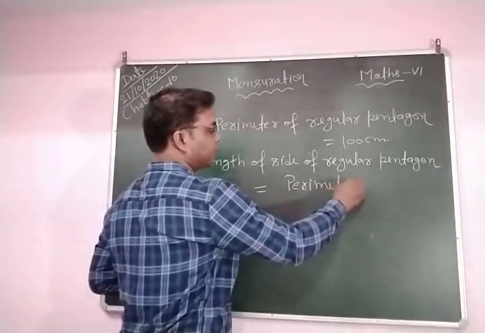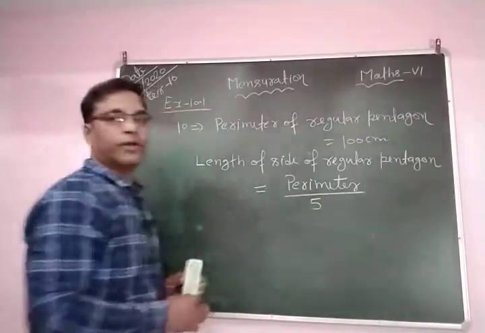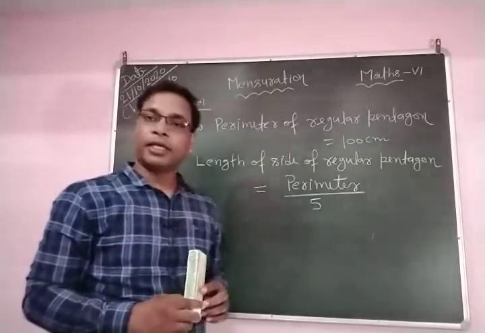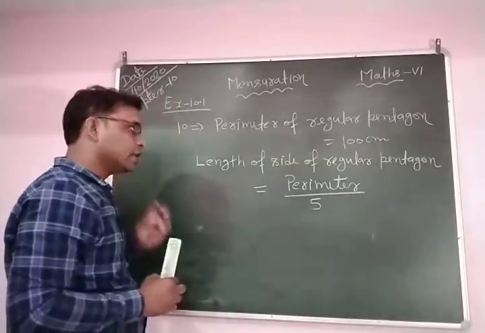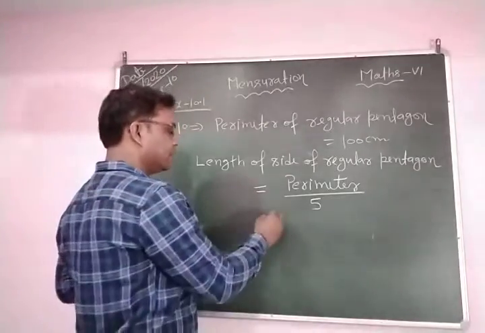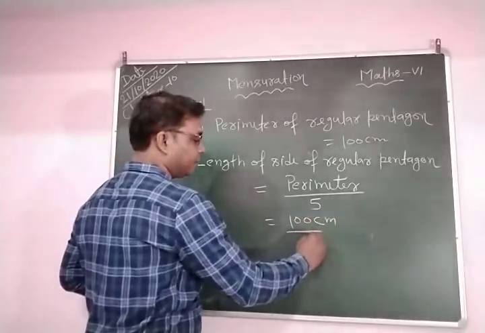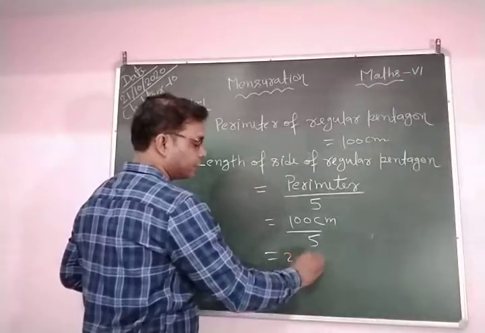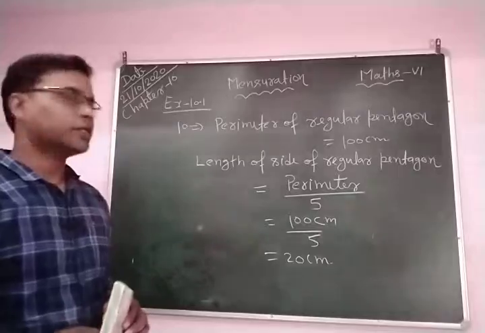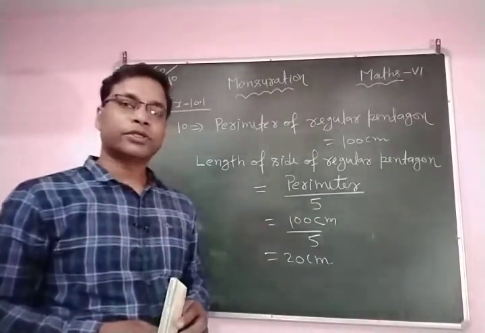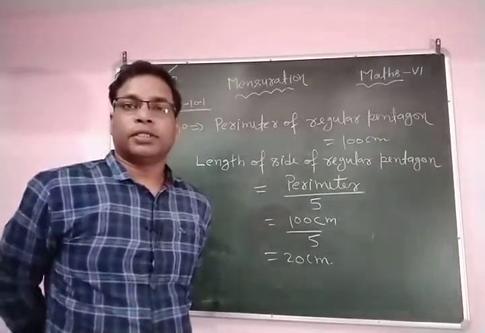Why divide by 5? Because a pentagon has 5 sides, and in the case of regular, all sides are equal. Here the perimeter is given 100 centimeter, so write it 100 centimeter by 5. This is equal to 20 centimeter. Length of side of regular pentagon is perimeter by 5, which is 100 centimeter by 5, equal to 20 centimeters.